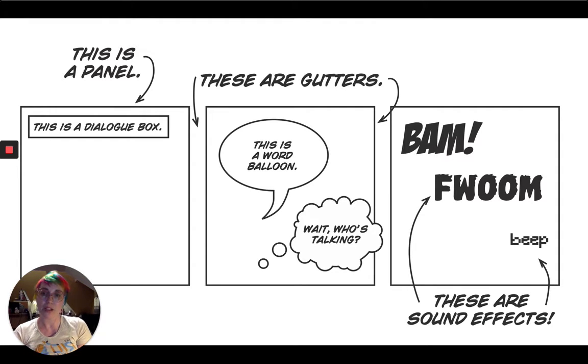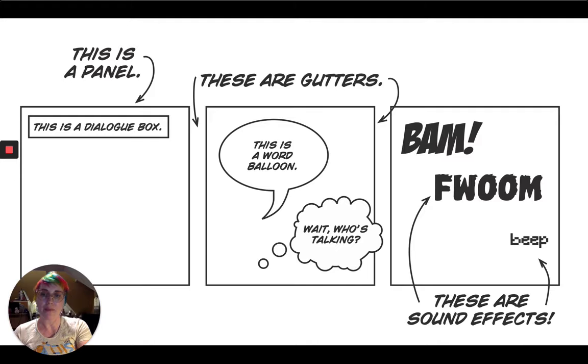When you look at a page of comics, even a comic strip like in the newspaper or online, those little boxes that contain the pictures and the words are called panels. One panel equals one moment in time. So multiple panels equals time passing.